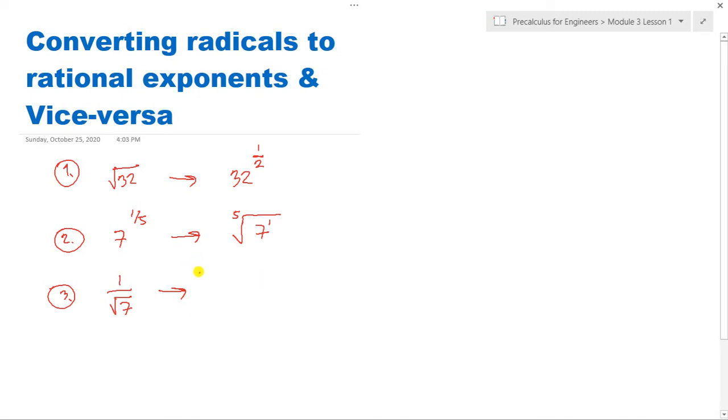So, let's try. Itong 1 over square root of 7, you can just bring square root of 7 to the numerator. So, di ba? Again, as what I have told you, kapag meron kang 1 over a cube, kapag i-bring mo siya upward, magiging negative siya. So, this is a raised to negative 3. The same thing with this, y negative 3. Kapag binigyan ko kayo ng ganito, you just simply bring it down to make it positive.